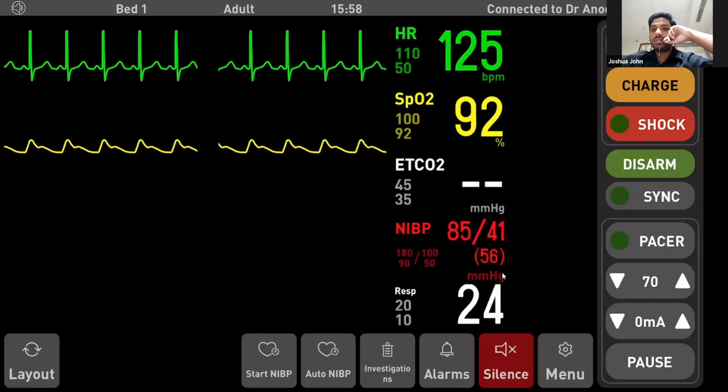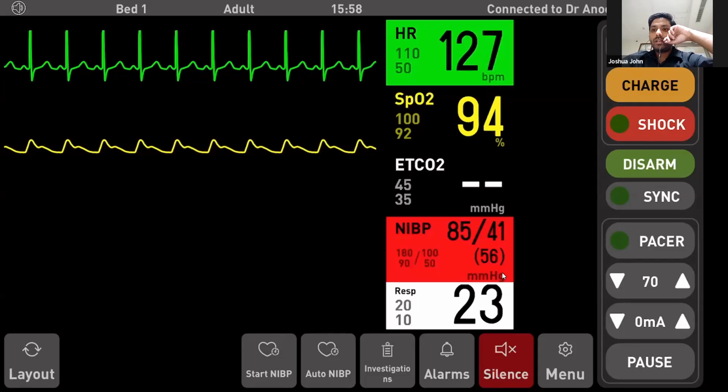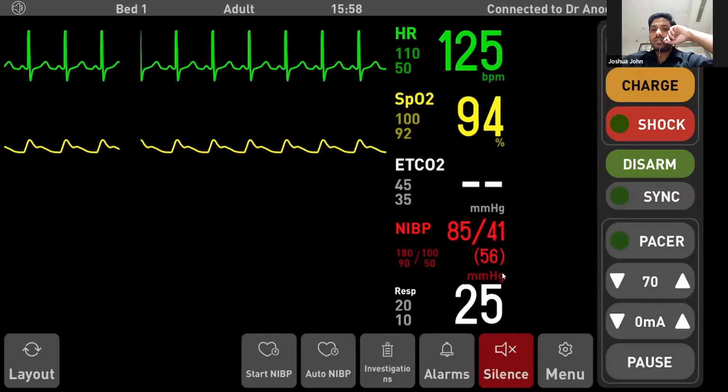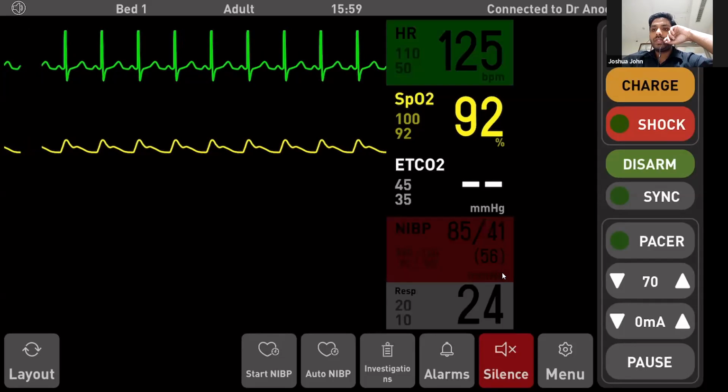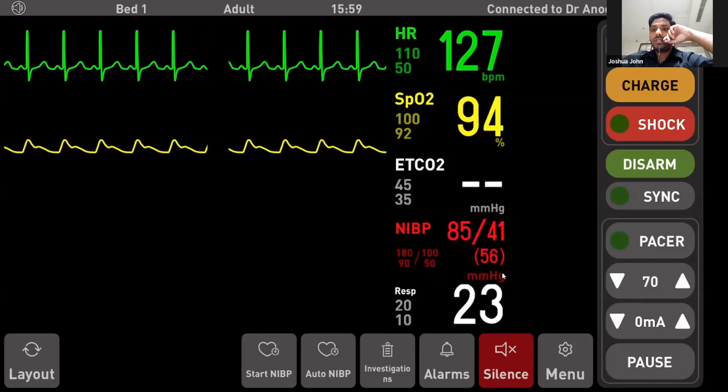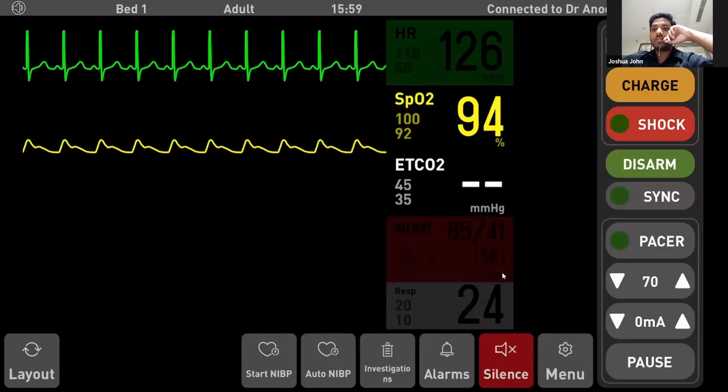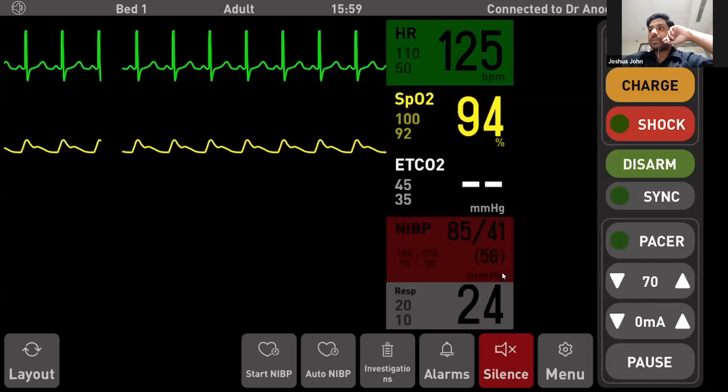And I would ensure his volume status is adequate by giving 30 ml per kg fluid boluses.